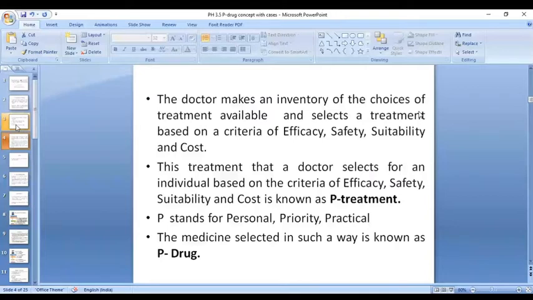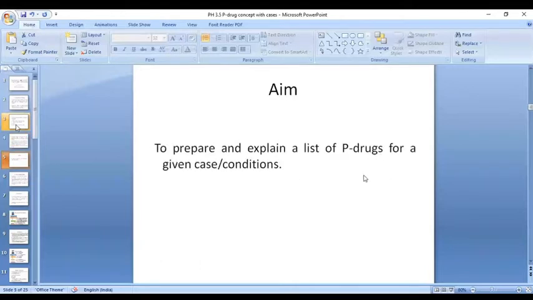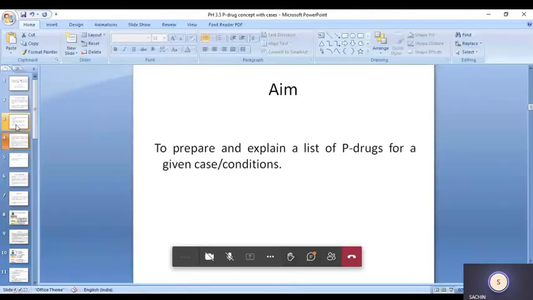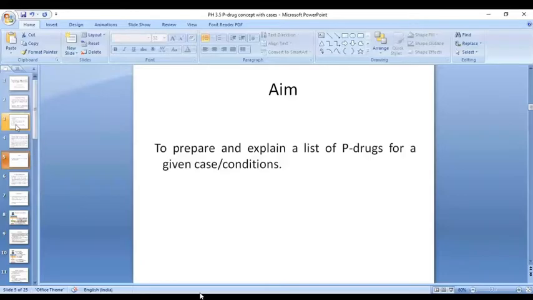Please remember that, if possible, you should click pictures of a few important concepts, because you need to write this in your practical files, and you might be asked about this drug, especially case scenarios and how to deal with them, in your practicals also. Now, coming to this exercise, we have to prepare and explain a list of P drugs for a given case or condition.